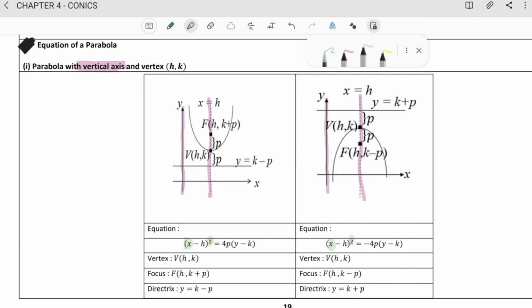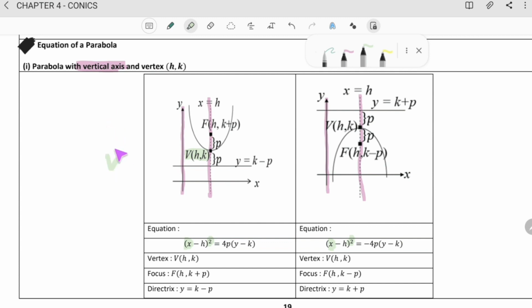And then this is the vertex. In circle and ellipse we call it the center, because we have h, k, but in parabola we call it the vertex. If the vertex is here and the focus is above the vertex, the shape will curve outwards, open upwards.